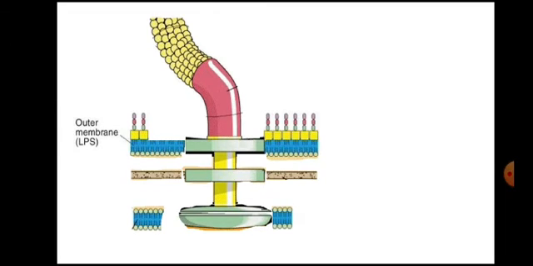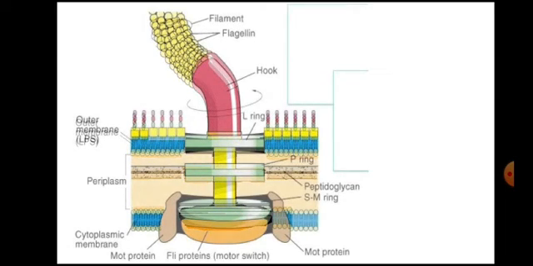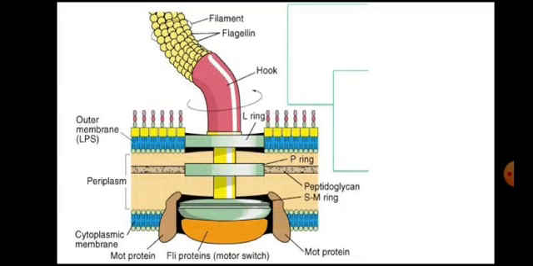So the whole structure of this bacterial flagellum, including the cell wall and cell membrane, appears like this. This is the complete structure of flagellum. We can see this is the outer membrane, that is lipopolysaccharide. So the L ring is there, and P is peptidoglycan.